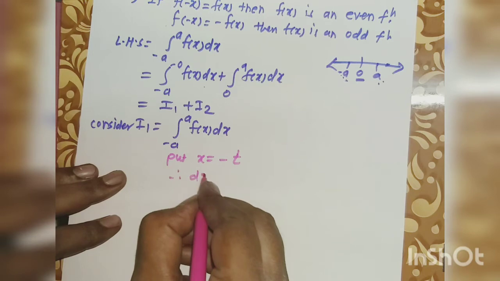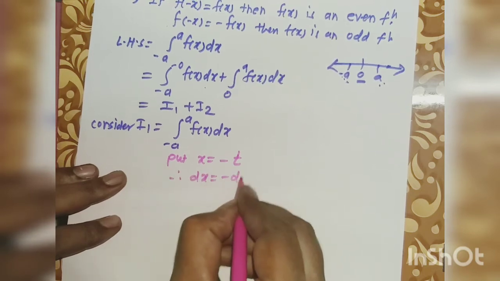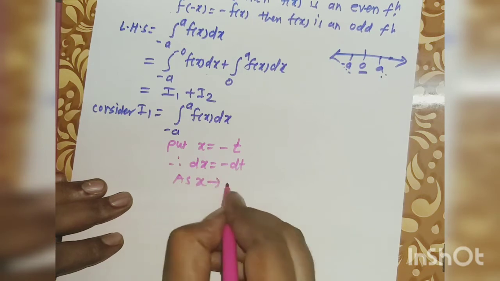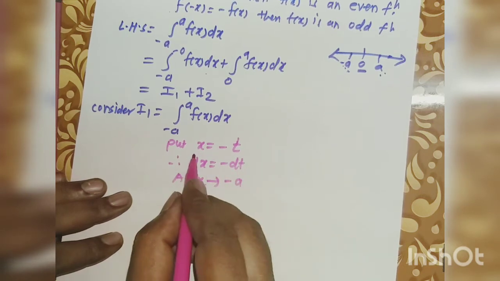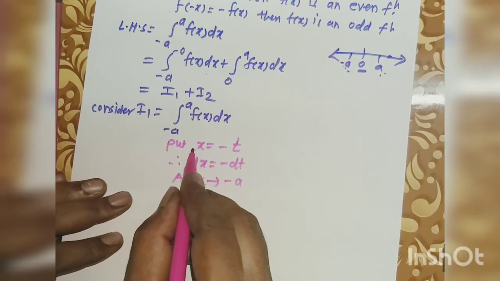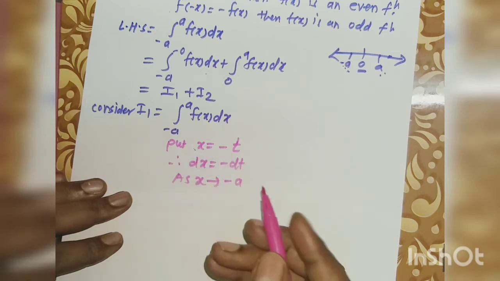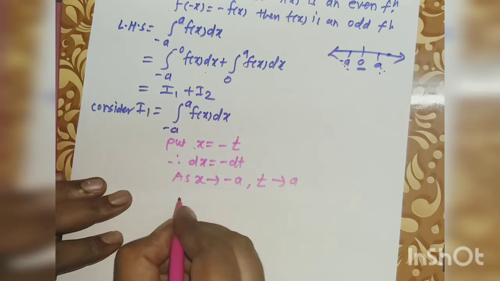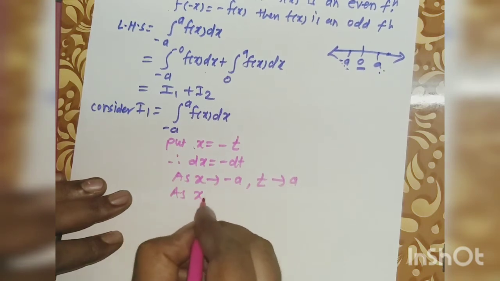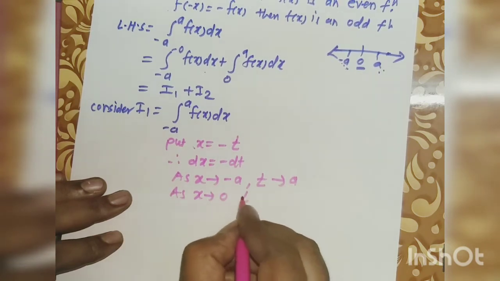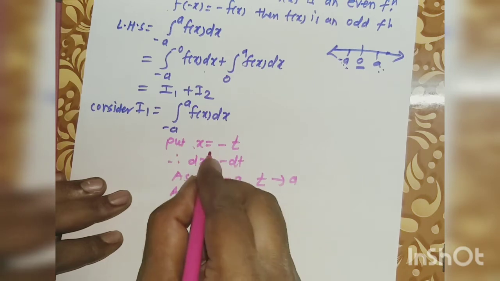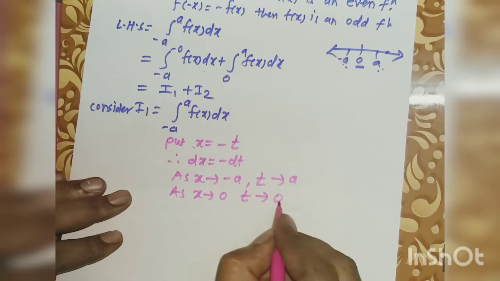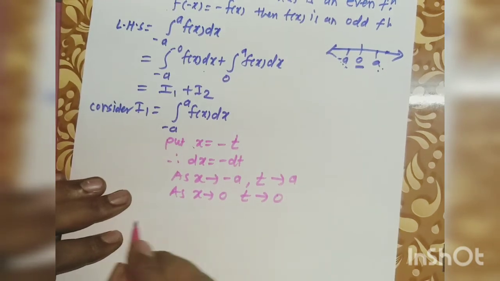Therefore dx is equal to minus dt. As x tends to minus a, x is equal to minus a, this minus and this minus positive, then t tends to a. As x tends to 0, t is equal to 0.